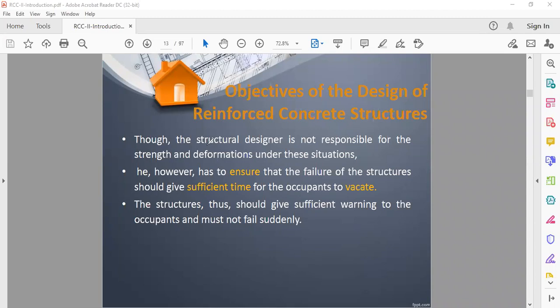But what he will ensure is that if failure is going to occur, it should be the kind of failure where the occupants get sufficient time to vacate the building. Yes, it's a very important part.